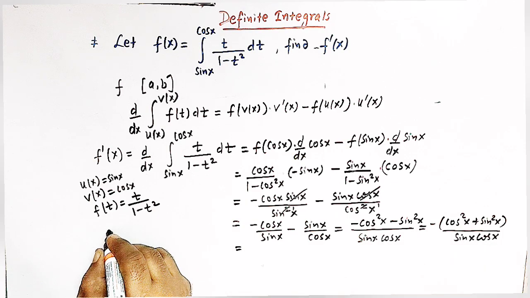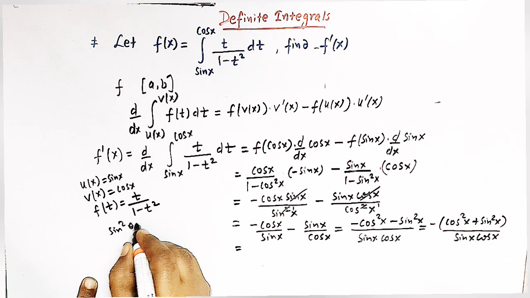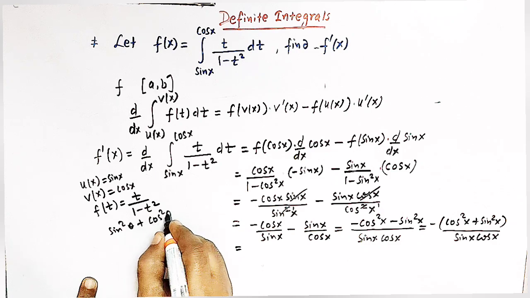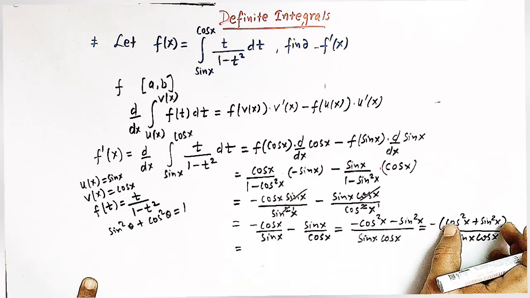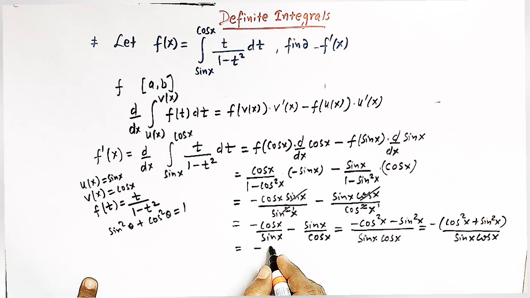Again from trigonometry we know that sin square theta plus cos square theta is equal to 1. So here we have 1, and we have minus 1 over sin x cosine x, right?